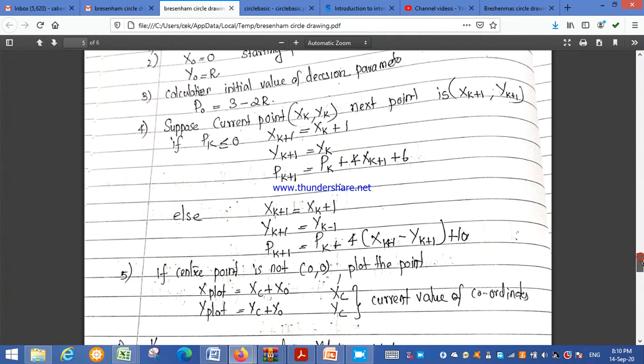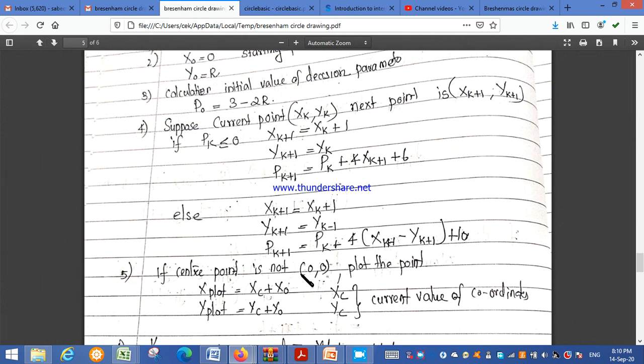If the circle center point is not 0, 0, then you have to plot the point; assume that you got the point as xc, yc. Then you have to add the initial center point x0, y0 to the xc, yc.